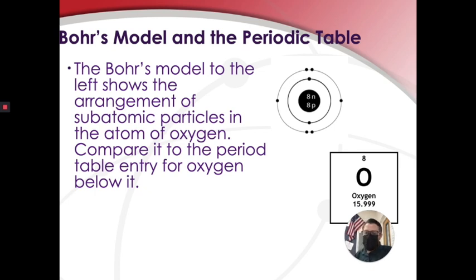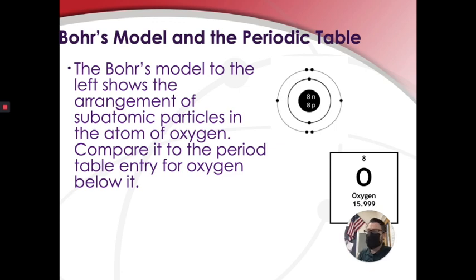Okay. So the information in the Bohr model is reflected in the information that we have on the periodic table of elements. Okay, so you've probably seen the periodic table of elements before. There's one in your agenda. And this is basically a list of all the known elements. Okay, and on that periodic table, there's going to be a certain amount of information for each element. So here we have the entry for oxygen.